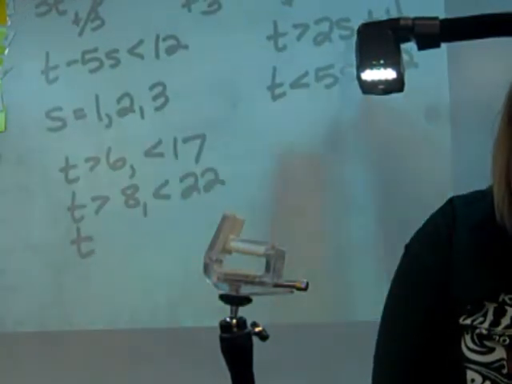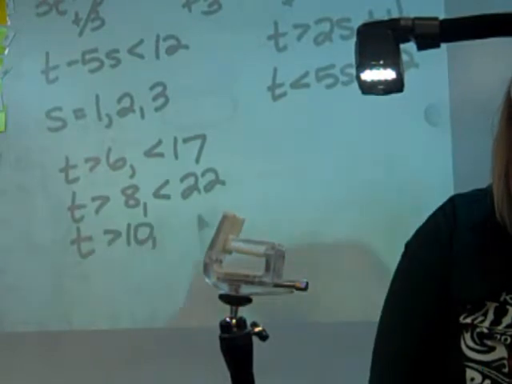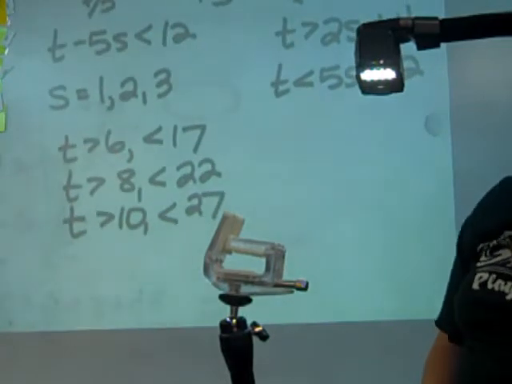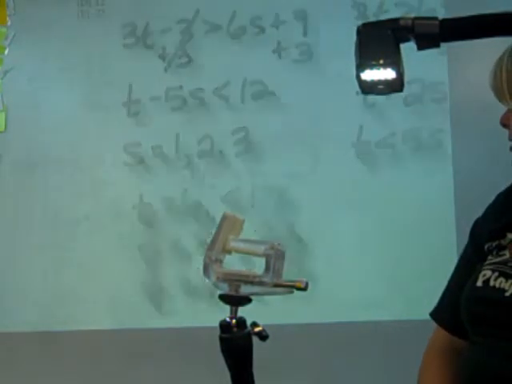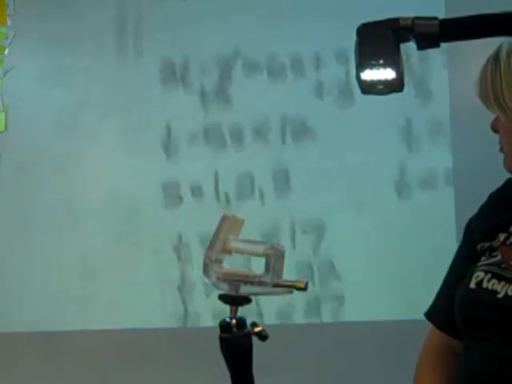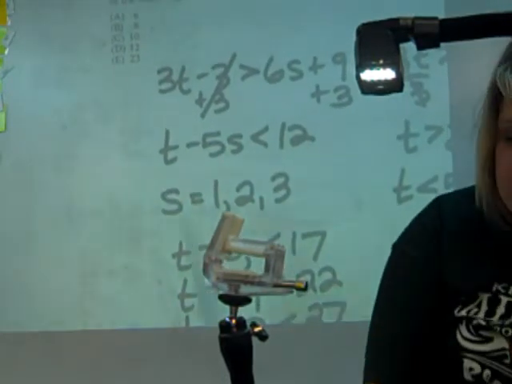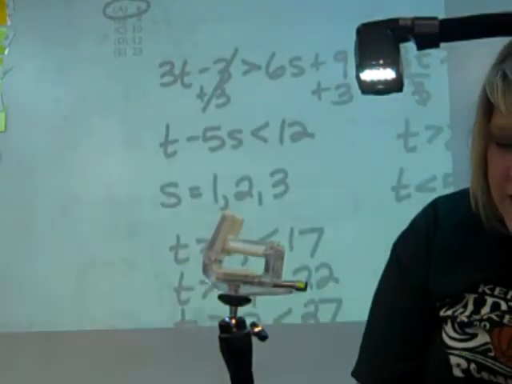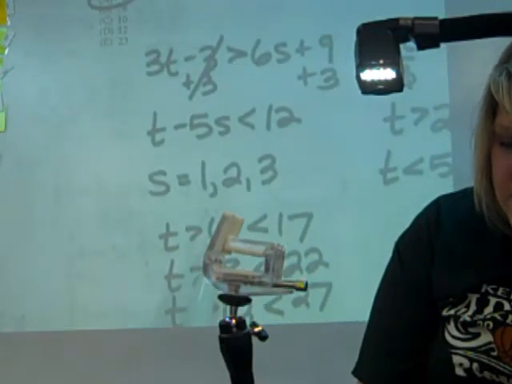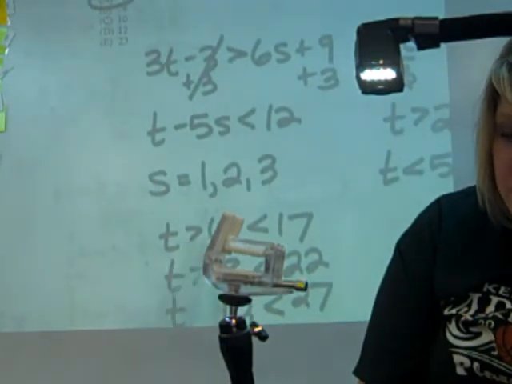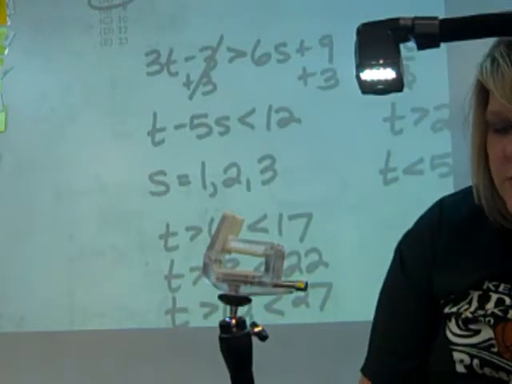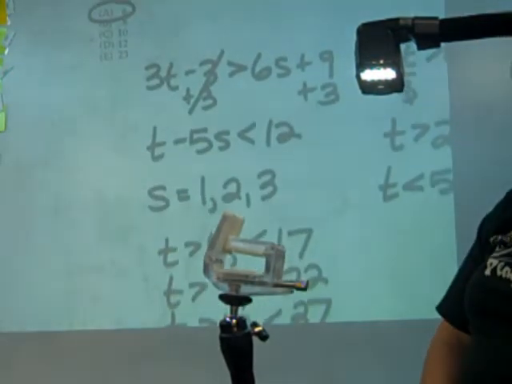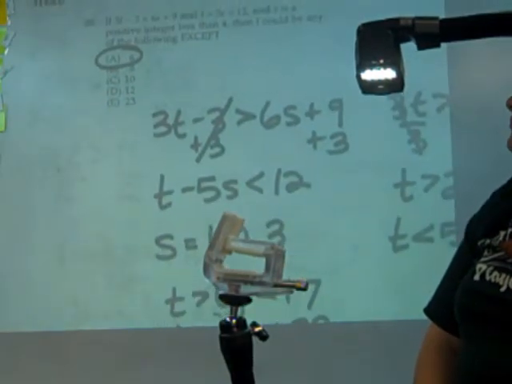And if you plug in 3 for s, you get t is greater than 10, but less than 27. So which one of those numbers could t not be? It can't be 6. Because the lowest that t could be has to be greater than 6. Greater than 8, greater than 10, less than 17, less than 22, less than 27. But it can't equal 6. Oh.